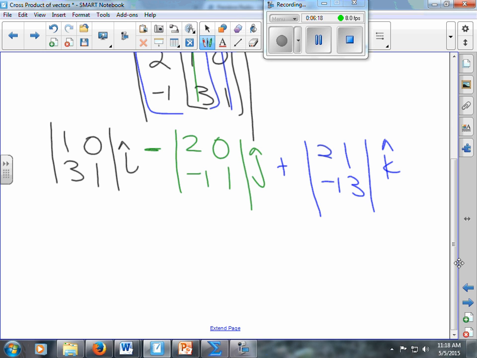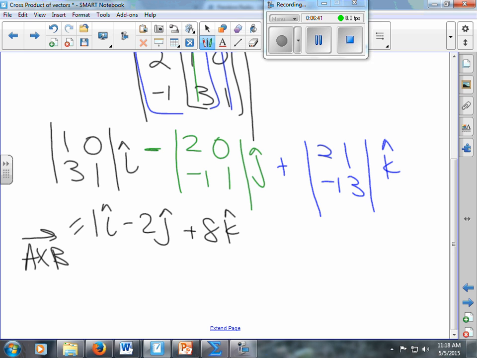So in the i direction, I have 1 minus 0, so that's 1i. In the j direction, I have 2 minus 0, so that's minus 2j. And then in the k direction, I have 6 minus negative 1, so that's plus 7k. And here is my A cross B vector. So it's this vector in unit vector form, or in component form 1, negative 2, 7 is the answer there.